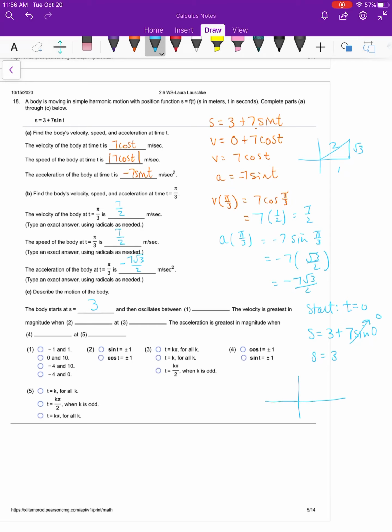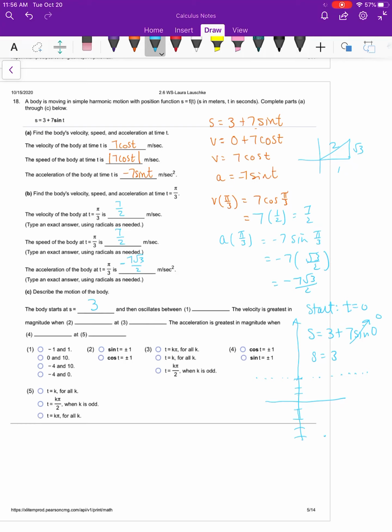Well, think about it as 1, 2, 3 is your center line, and you've got your 7 sine t. So 1, 2, 3, 4, 5, 6, 7. So it's going to oscillate between 7 this way from the center line and 7 this way from the center line, back up towards this.